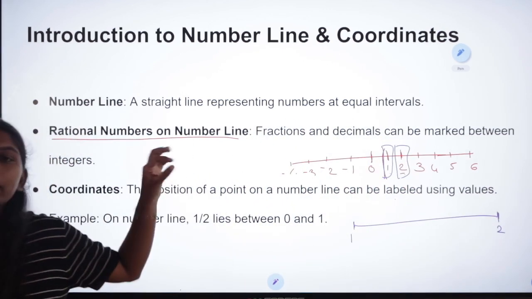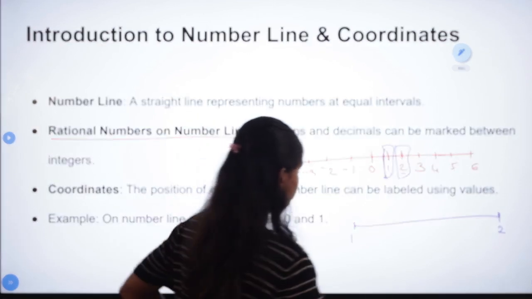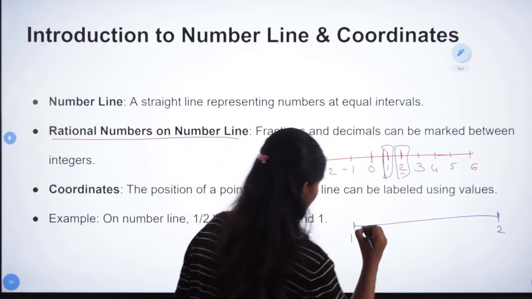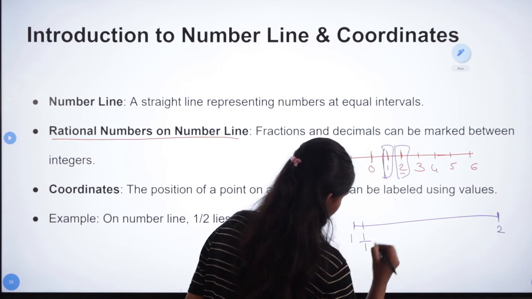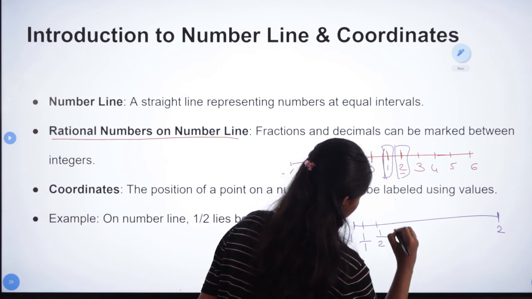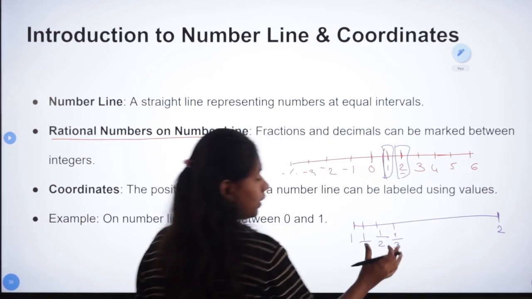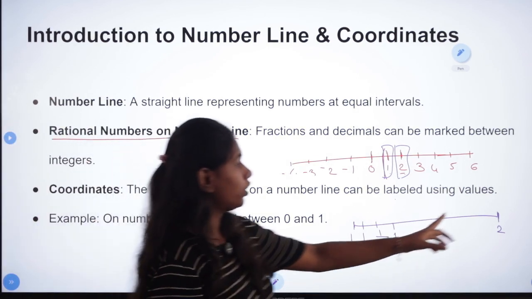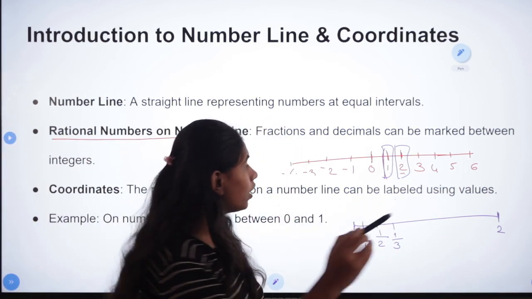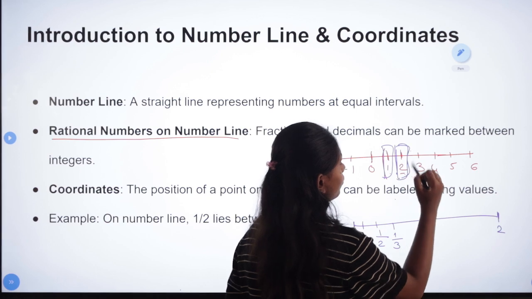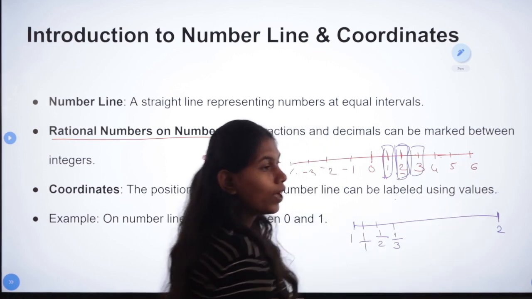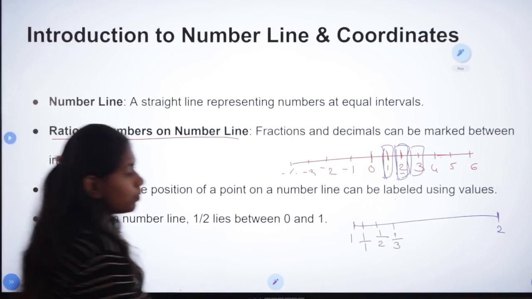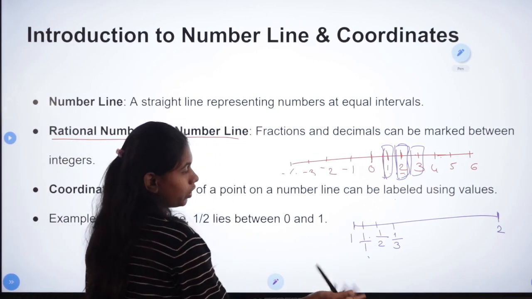Now all the numbers between these 2 points are known as rational numbers. How? Like this: 1 by 1, 1 by 2, 1 by 3. All the numbers between these 2 points, or any other 2 points like 2 and 3, 3 and 4, 4 and 5, the numbers between them always have one denominator and one numerator.